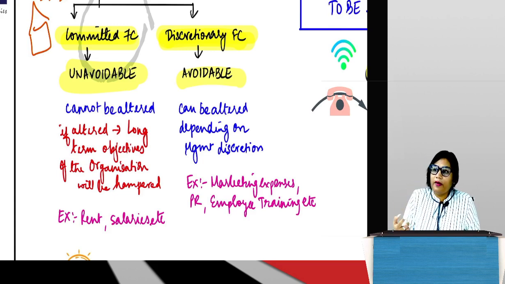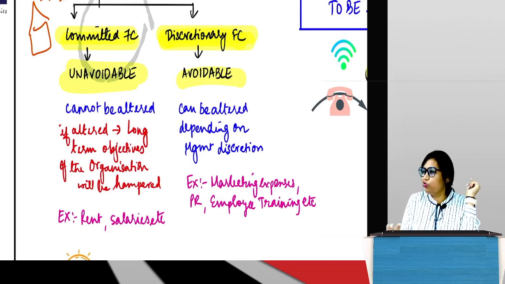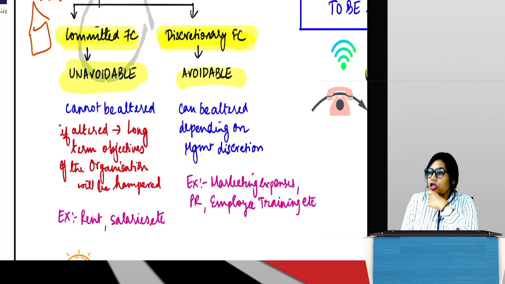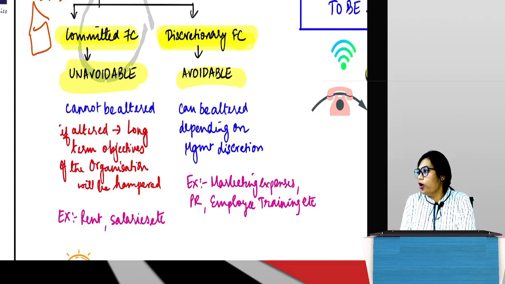So you may be wondering what kind of costs fit into this category. We'll take an example. Let's say I am the CEO of a company. My policy is that whenever I hire employees, I send all of them to Japan for training.